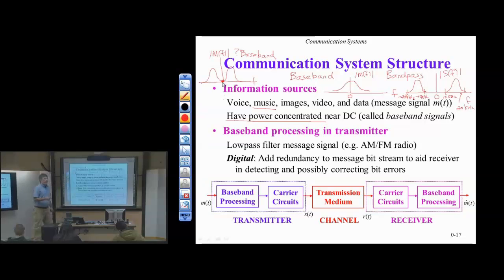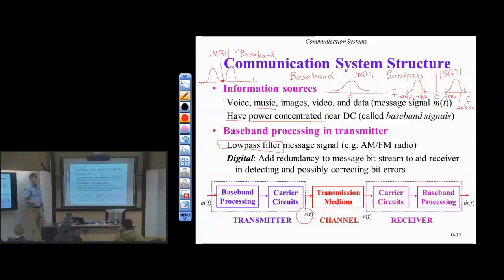In this very simple block diagram, which is a one-way communication system from a transmitter to receiver, let's break down the transmitter side. We have two basic blocks. We have baseband processing in the transmitter. At the very least, this would be some sort of filtering to limit the frequency content that we ultimately transmit in this signal S of t.